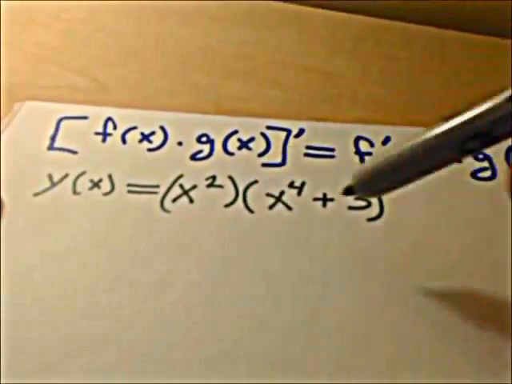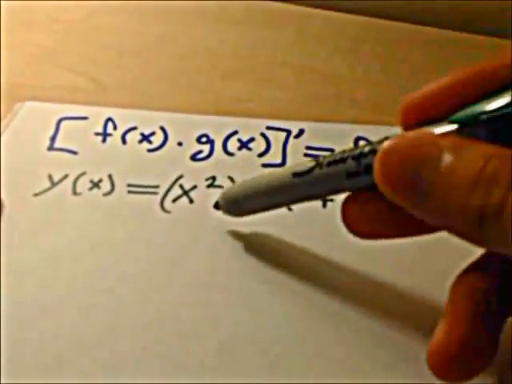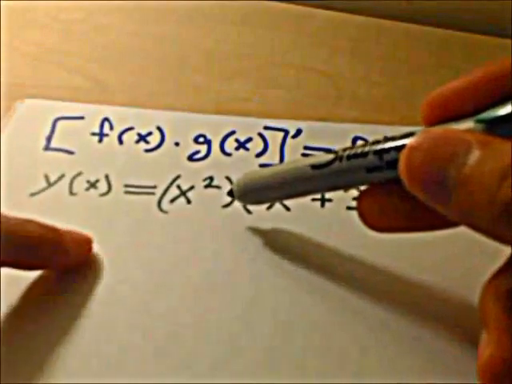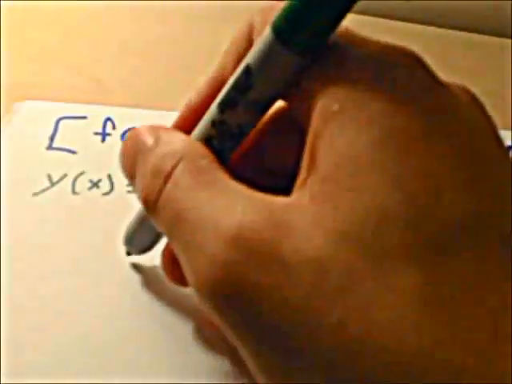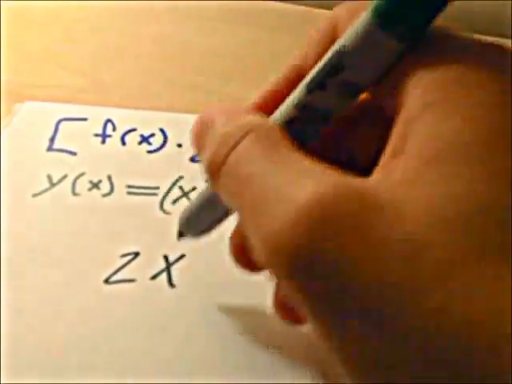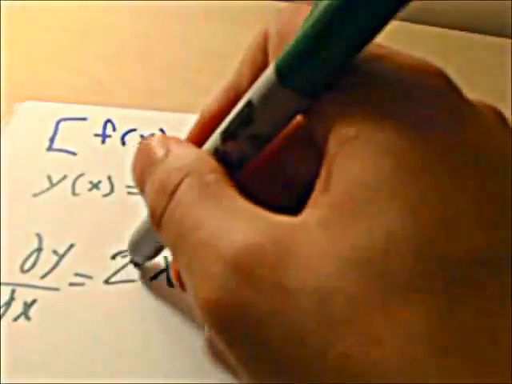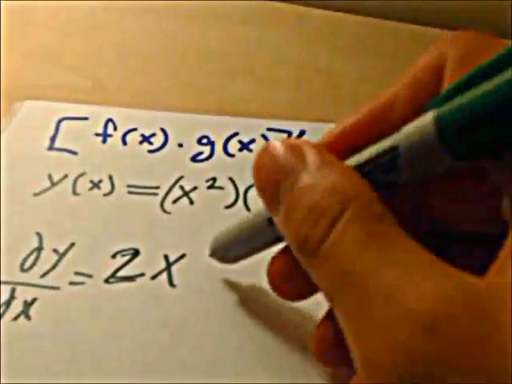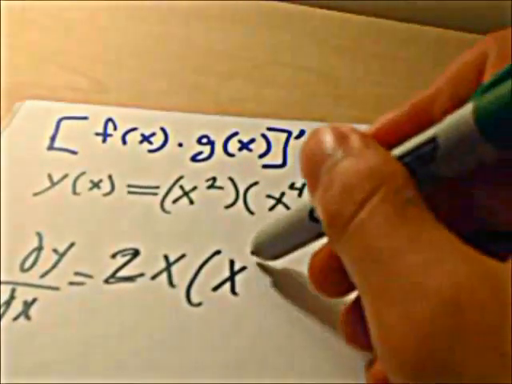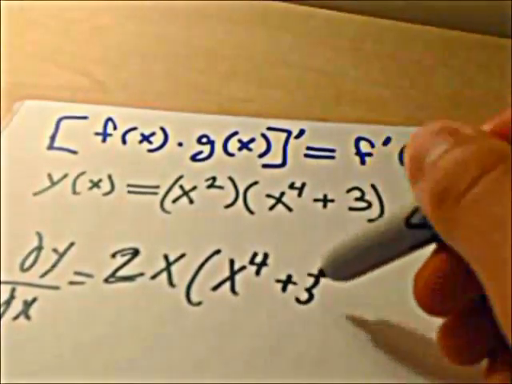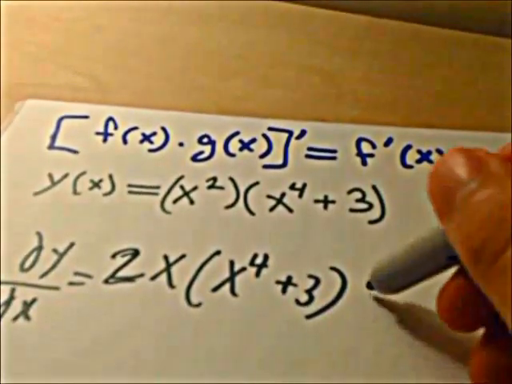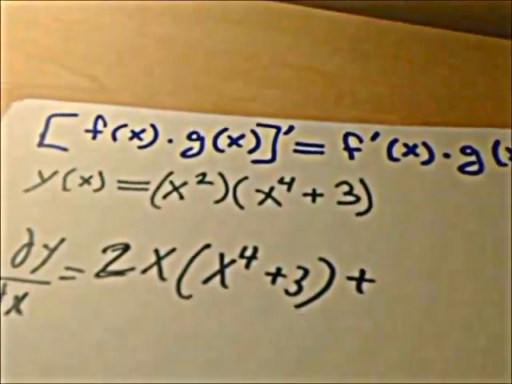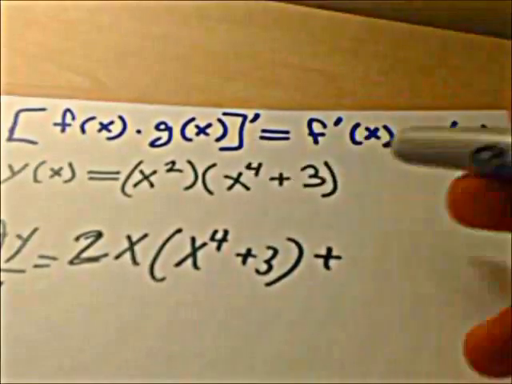So what we do, again using the product rule, is take the derivative of the first function, which is x squared. The derivative of that would be 2x. So we're going to have dy/dx equals 2x times the second one as it is, without taking the derivative of it, and then plus, now we switch, we take the derivative of the second one times the first one.